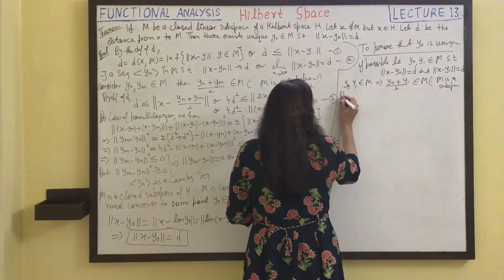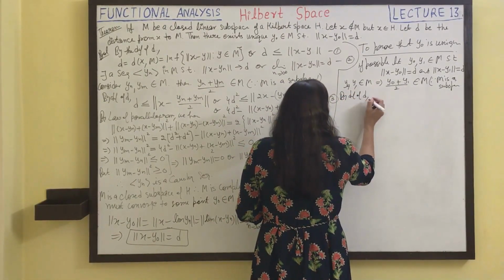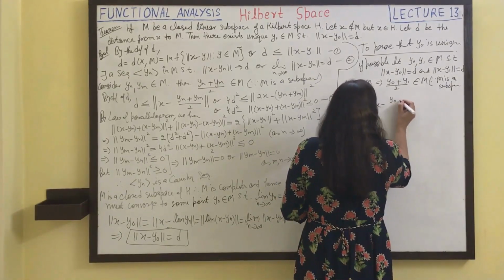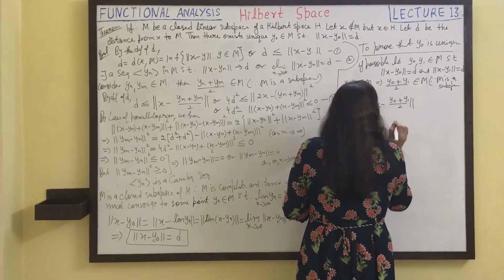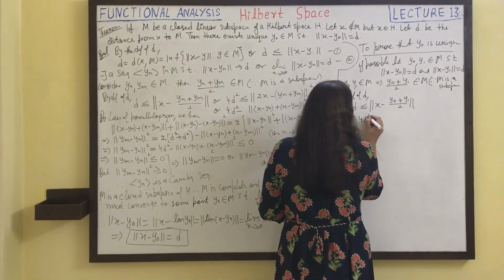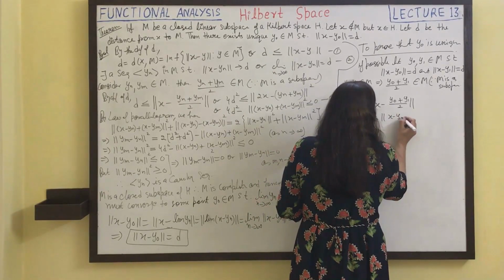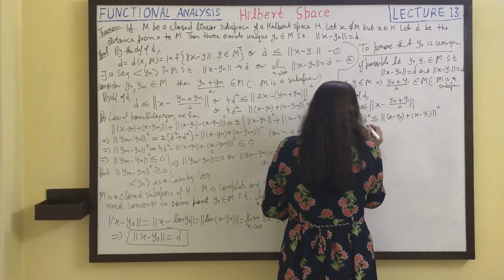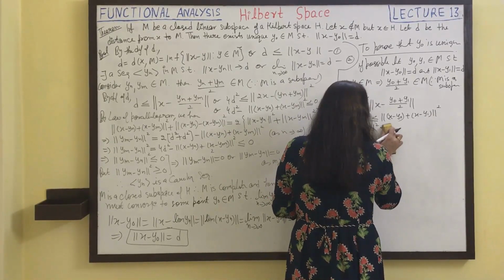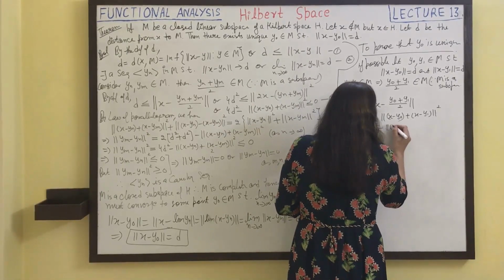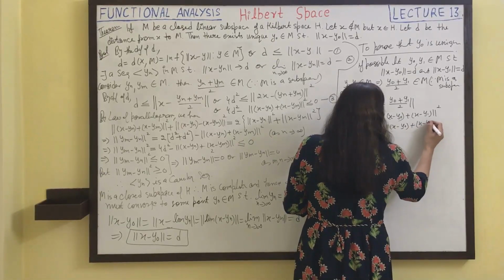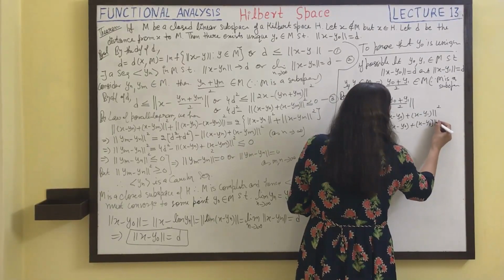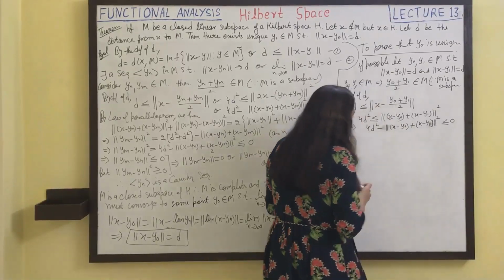Therefore, by the definition of d, d is less than or equal to norm of x minus (y0 plus y1) divided by 2, or this can be written as 4d squared is less than or equal to norm of (x minus y0) plus (x minus y1) squared, or 4d squared minus norm of (x minus y0) plus (x minus y1) squared is less than or equal to 0.